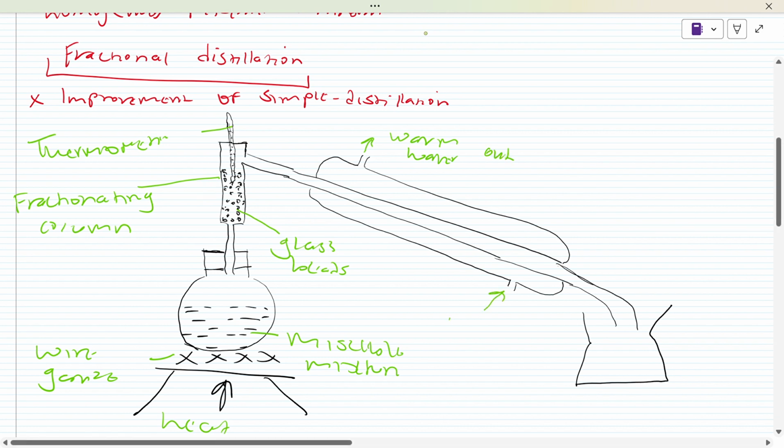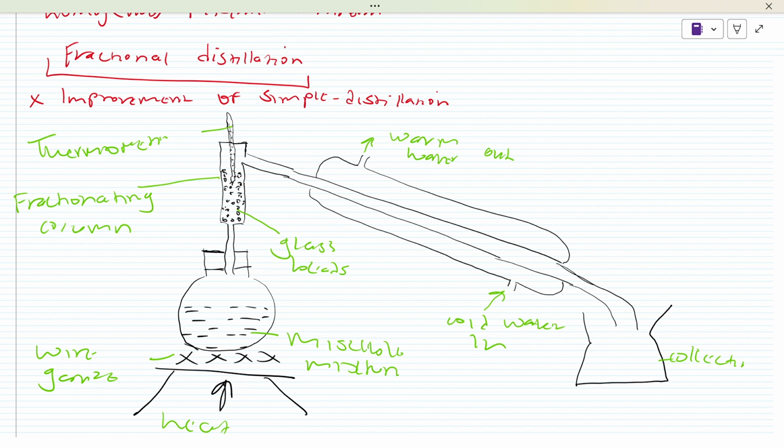Then here we have cold water in. Then we have the collecting base in there.